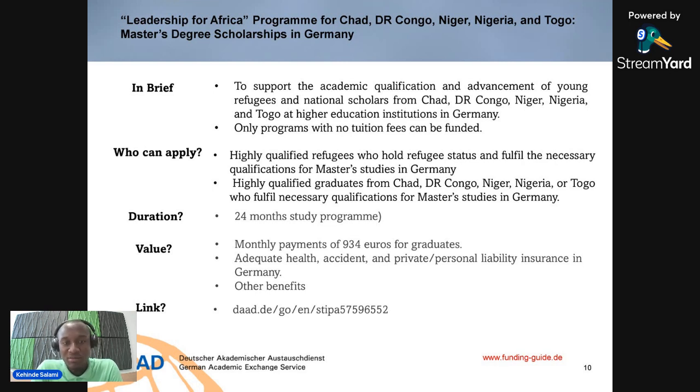Just apply, you get the admission, you apply for the scholarship. If you are fortunate to get it, then you surely will be awarded the scholarship. And so, like I said, it's for graduates from these specific countries, and it's only for master's program. The maximum duration will be 24 months, and the stipend is like every other scholarship.